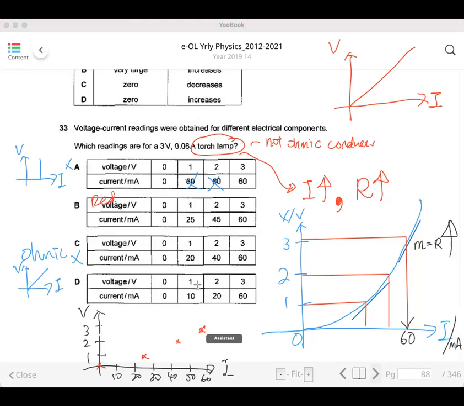Now, if I were to plot D, I use blue. 0, 0, same place. 110 is here. 220 is here. And 360 is here. So can you see? The blue will look like this. The red will look, hold on.